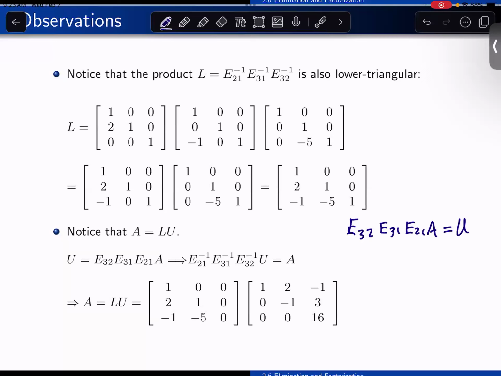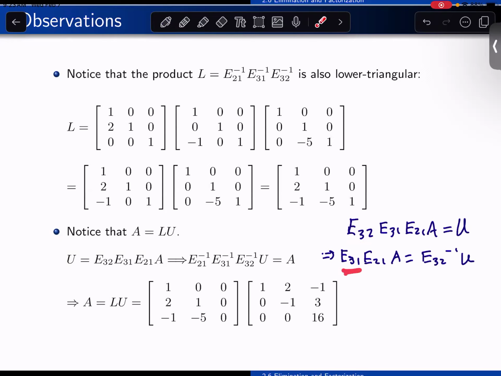And so now if you multiply the left-hand side by the inverse of whatever matrix you're looking at, this implies that E31 times E21 times A is equal to E32 inverse times U. And then you just repeat this process as many times as necessary, right?